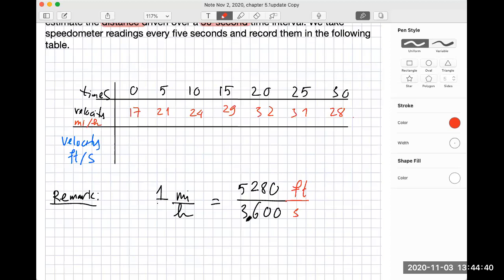Okay? Now, this is 1 mile. It would be equal to this. We have this.